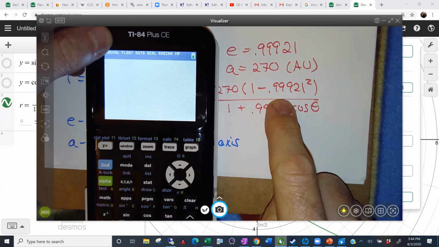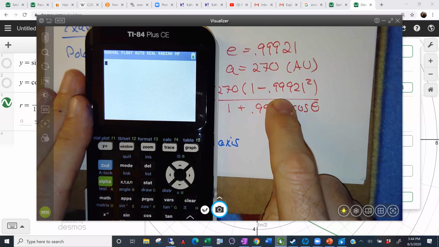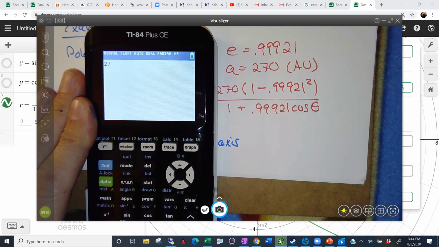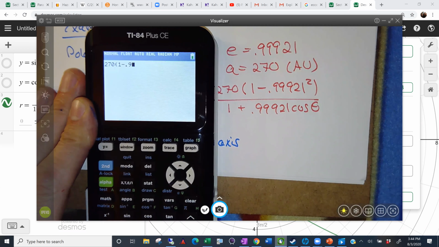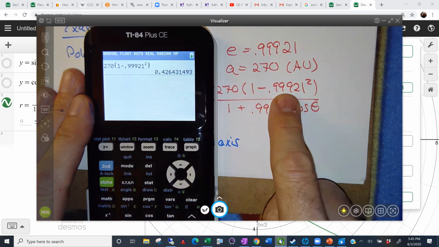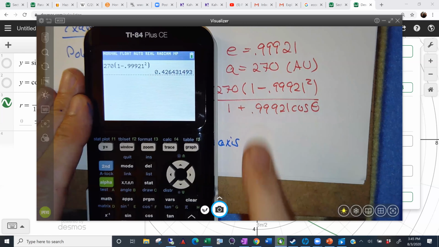Is it worth storing this and then squaring it that way? Nah, probably not. We're only going to need this once. 270, parentheses, 1 minus 0.99921. Hit the squared key and a right parenthesis. Wow. Yeah, all right, I guess that makes sense. This is almost going to be 1, so there's hardly going to be anything left here.